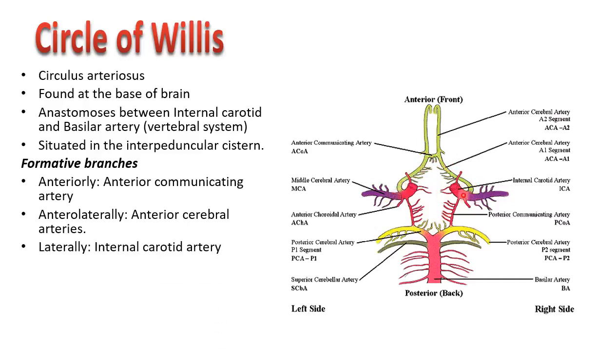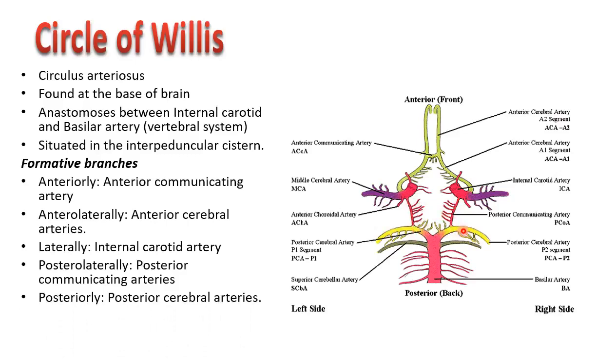Laterally, you have the internal carotid artery, and then posteriorly you have the posterior communicating artery, and finally the posterior cerebral arteries. So the formative branches are the anterior communicating, anterior cerebral, internal carotid, posterior communicating, and posterior cerebral. This is your circle of Willis.